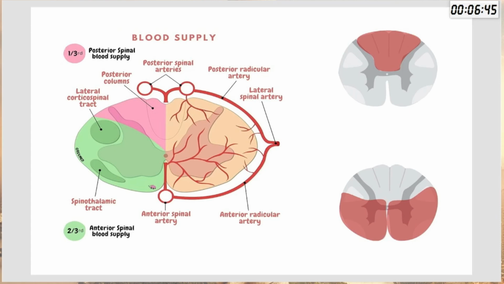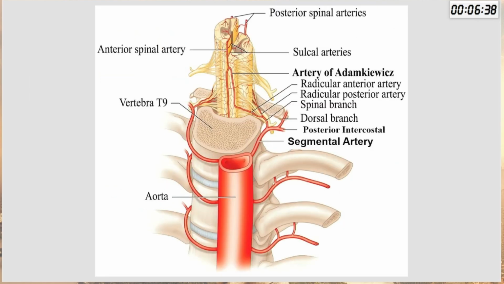Posteriorly, we have two posterior spinal arteries. They will supply the dorsal part of the cord.